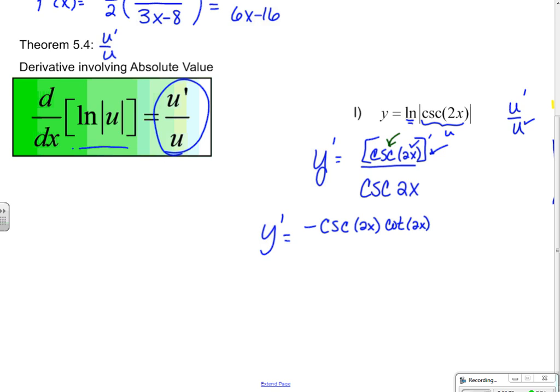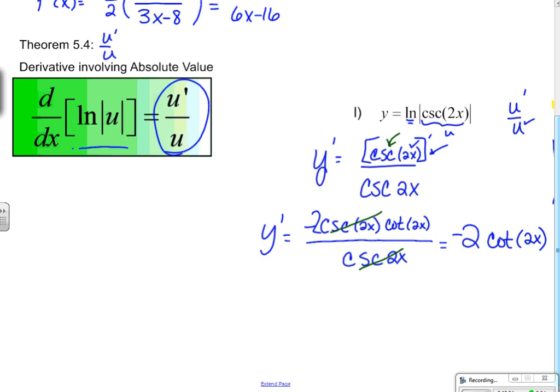I'm going to bring that forward and put it up front, all over cosecant 2x. Hey, look at this. We will get a cancellation there, and we can simplify this just to nice negative 2 cotan 2x. Chain rule within the natural log.